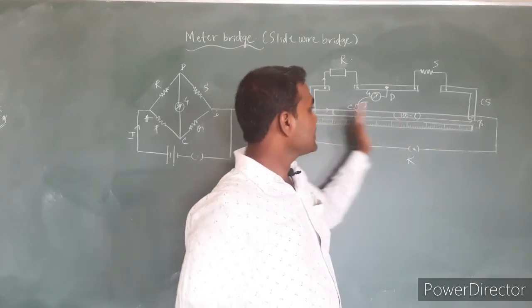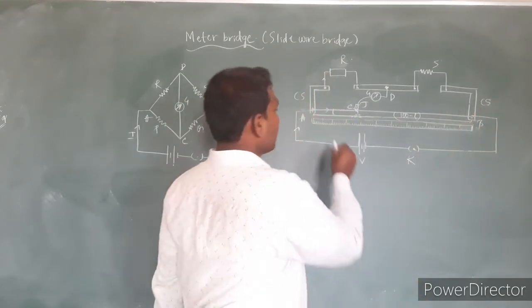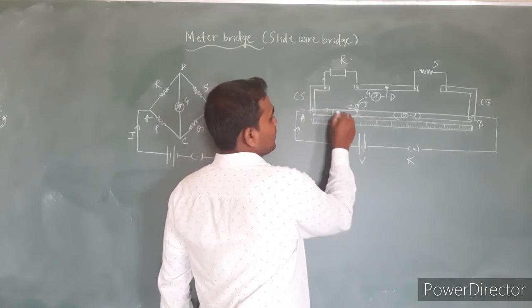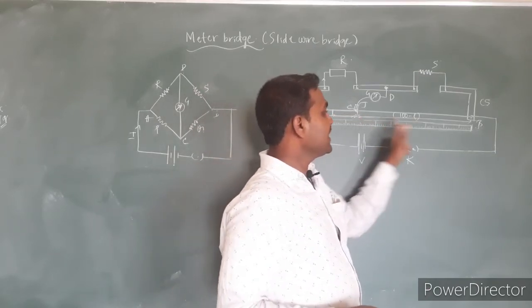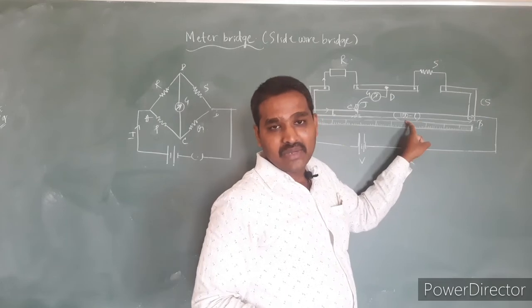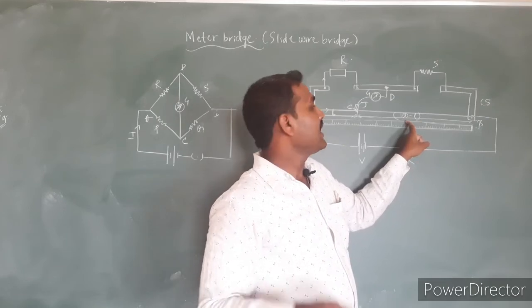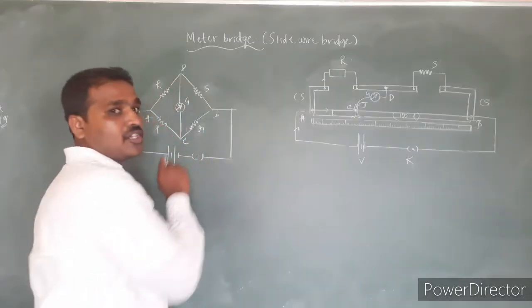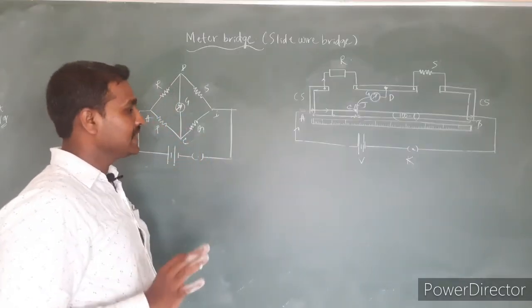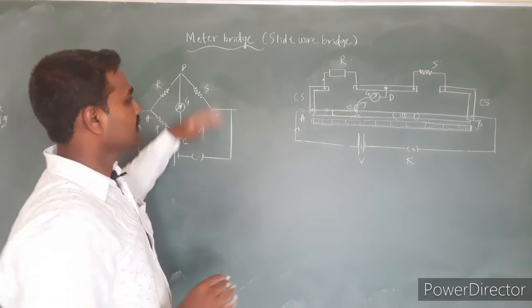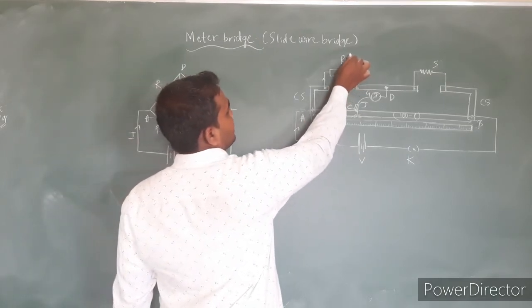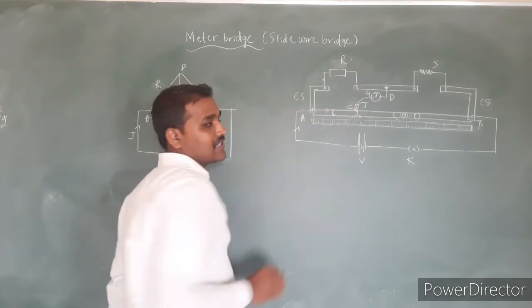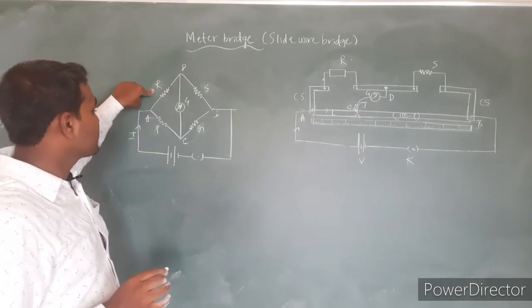Total it is 100 centimeter. The length of AC is L centimeter, hence the remaining length, C to B, will be equal to 100 minus L. And the resistance of this part of the wire, I write as Q. Then the upper portion, whatever resistance I am applying here by using the resistance box, that resistance box is here.